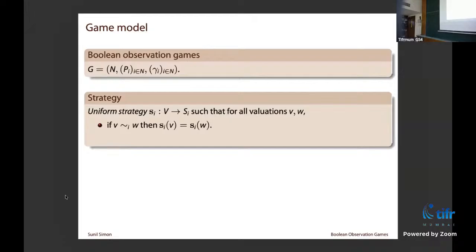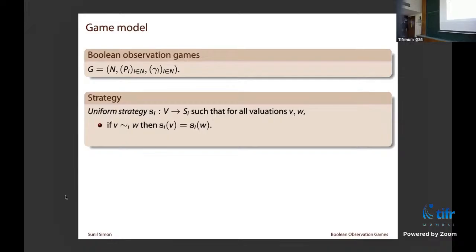What you have is what we call a Boolean communication game, which is this structure where you have a set of players, you have this partitioning, and you have a goal formula for each player. Now, when the valuation is not fixed, the players want to choose a strategy. For each valuation you can pick a strategy. That's what we call a uniform strategy. In the valuation, whatever propositions you own, you can see the values.